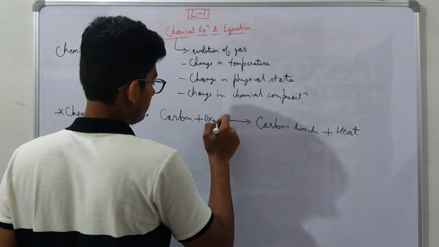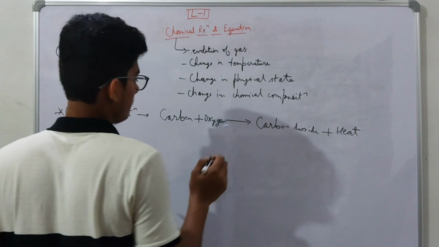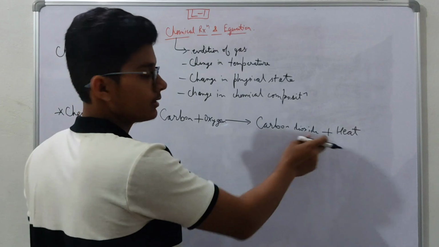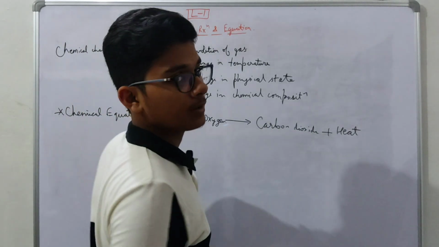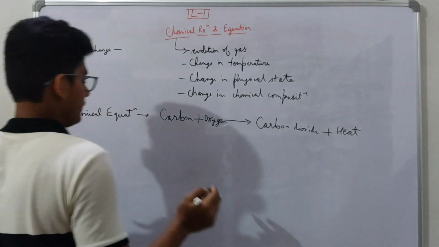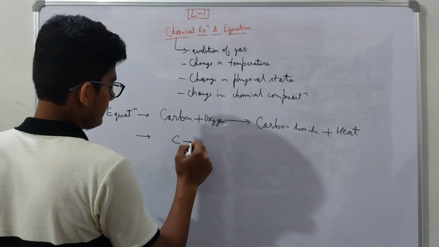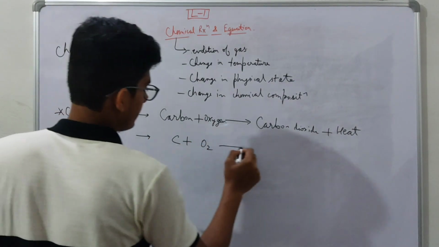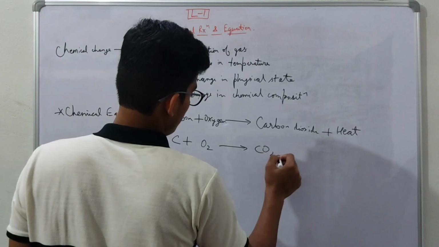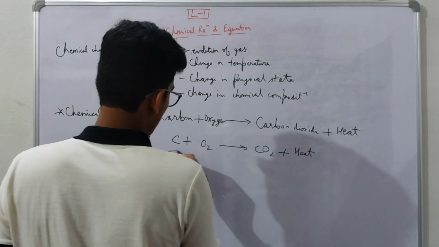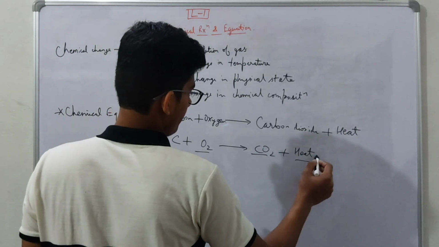This is a chemical reaction in which we have used words to show the compounds. It can also be shown in the form of molecular formulas: C plus O2 gives CO2 plus heat. So this is also a chemical equation.